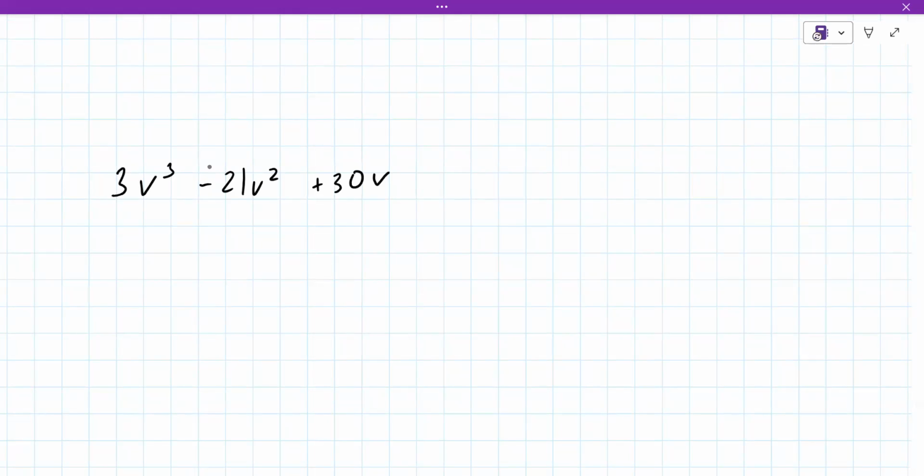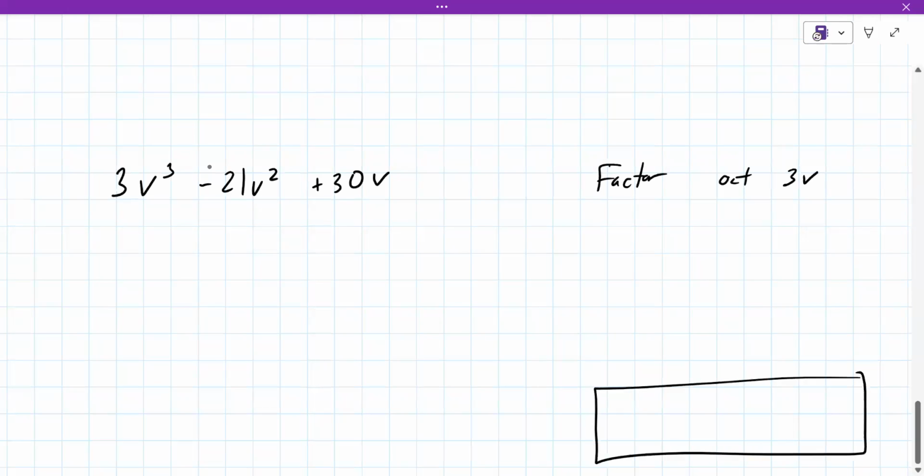I could factor that by 3v, or do I just divide by the 3v? Just like the last problem, you're going to factor out. Well, then that's going to be v squared minus 7v. I want you to give me just the final answer here whenever you're done.